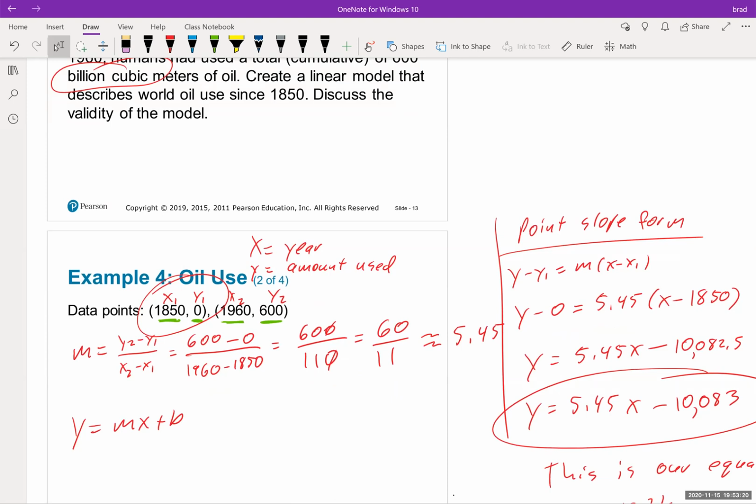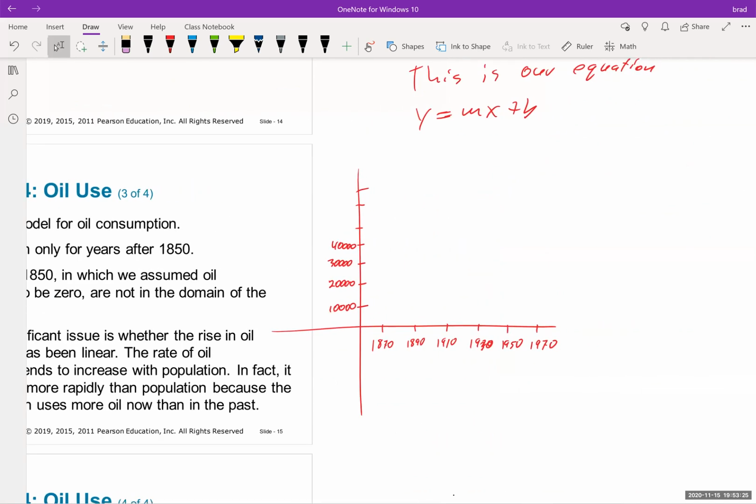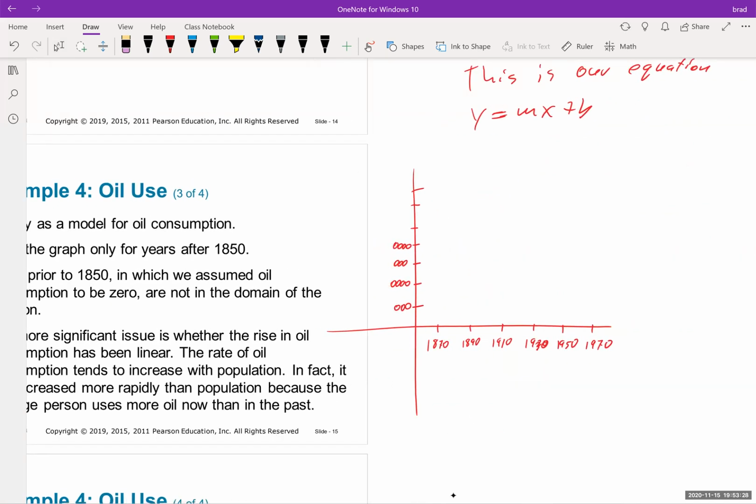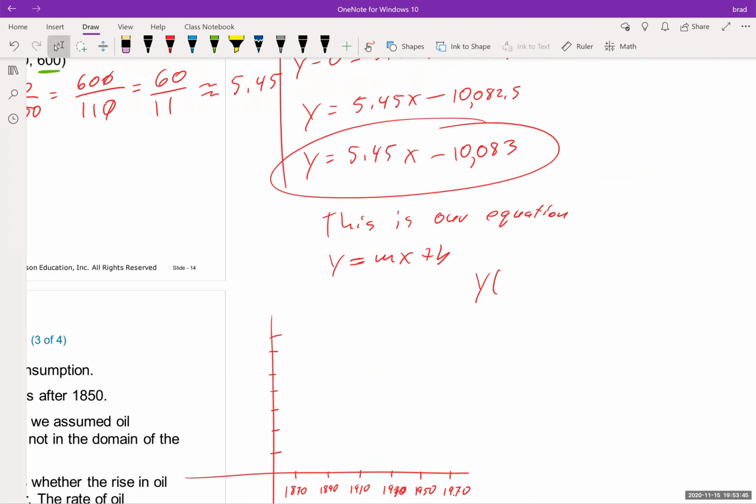So what I could have done, I kind of just don't like the way they have it set up, but what I could have done is, let's say I plug in the year 1960. Okay, so this should be 5.45 times 1960 minus 10,083, right?